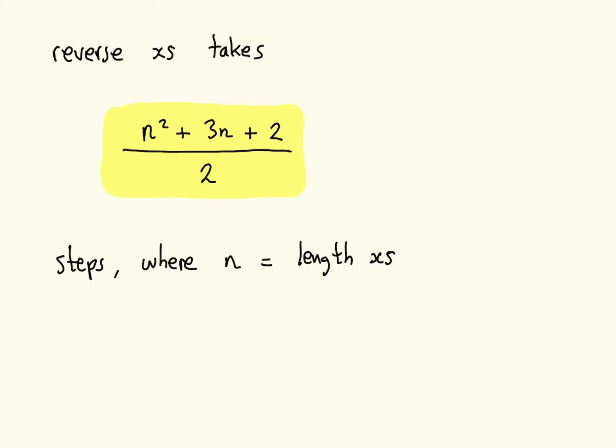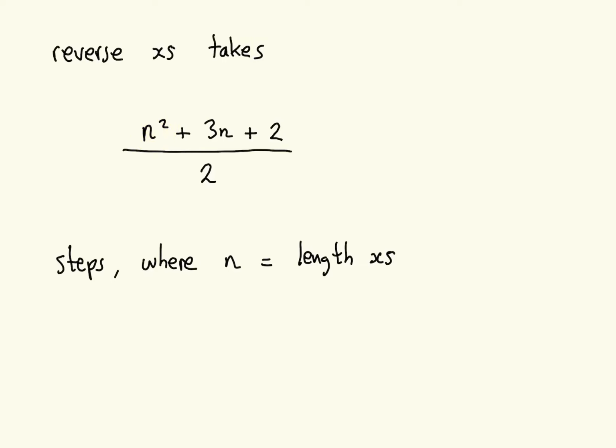And you can ask yourself, is this an efficient function or is it not? And the answer is it's not an efficient function because we have a squaring term here. And what this is telling us is that the reverse function takes quadratic time in the length of its argument. And quadratic time algorithms are typically bad.